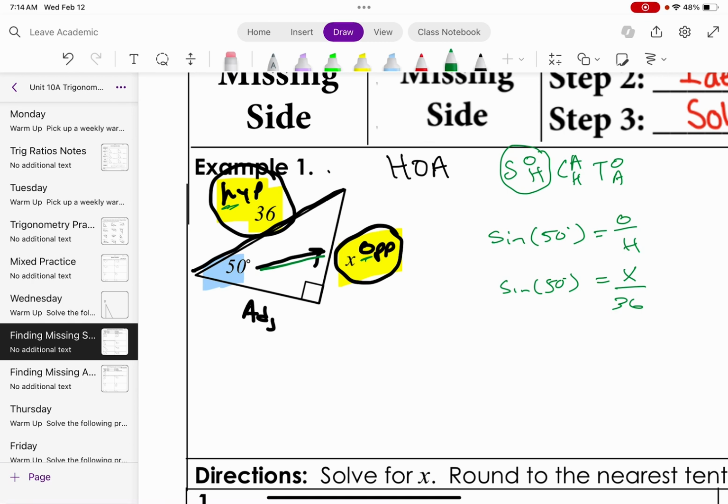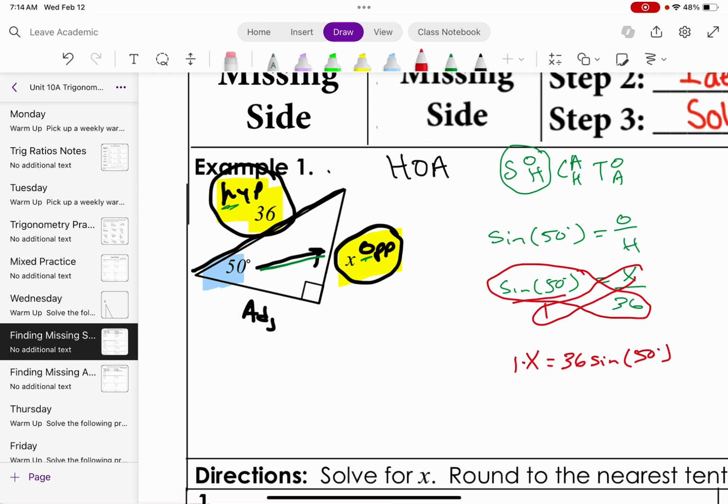From here, we're just going to put a 1 underneath sine, and then we're just going to cross multiply. So when we cross multiply, we have 1 times x, which is 1x, and then we have sine times 36, which will be 36 sine of 50 degrees.